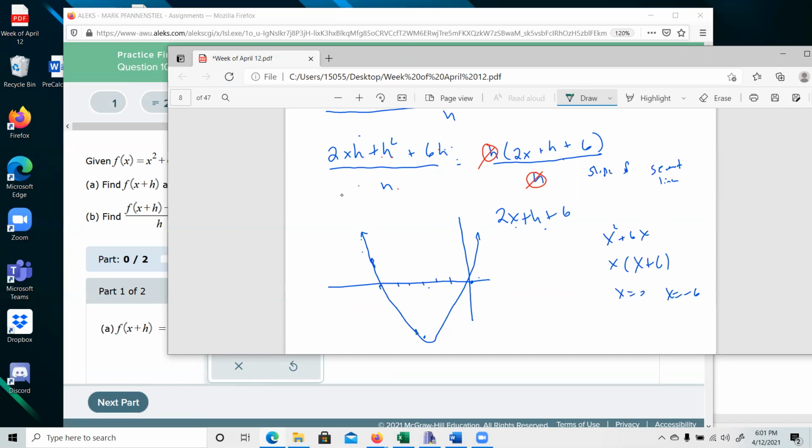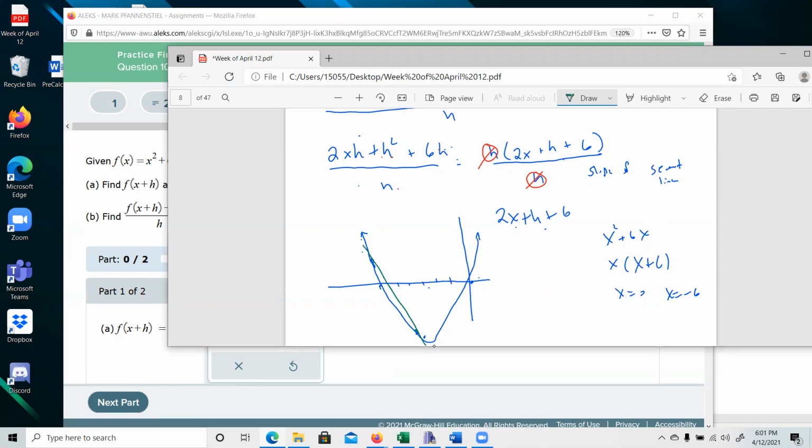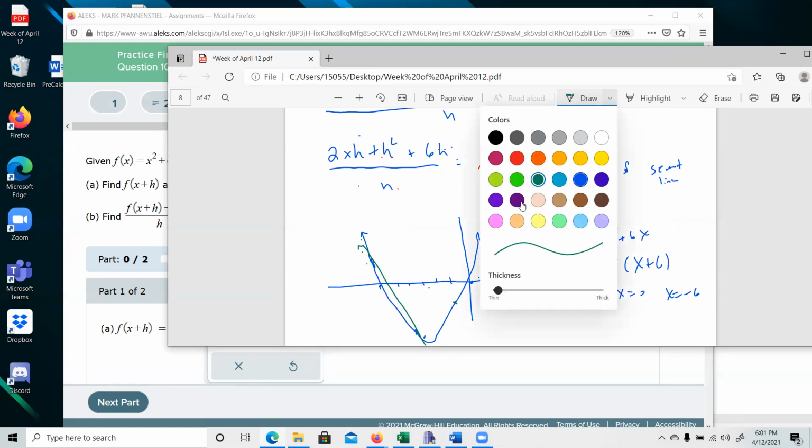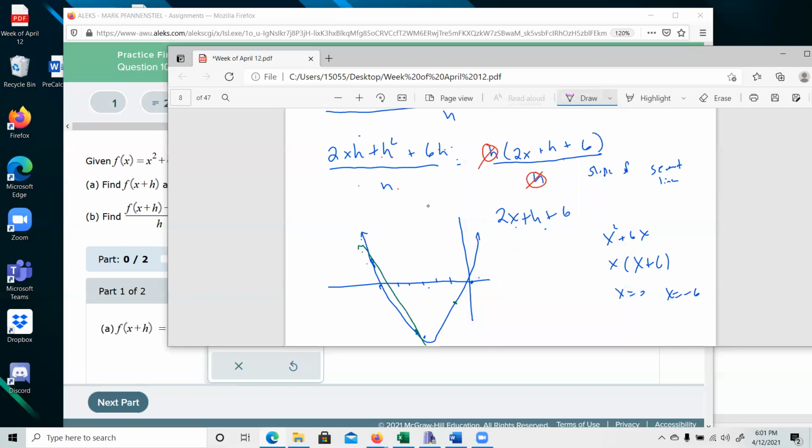Can you make a line out of those 2 points? You sure can. But what if I stepped in a different spot? What if I stepped over here? What if my h was bigger? We have x, we have h over here. We would have a different value, right? We would have x over here, we'd have h over there, and that would be my slope of the secant line.